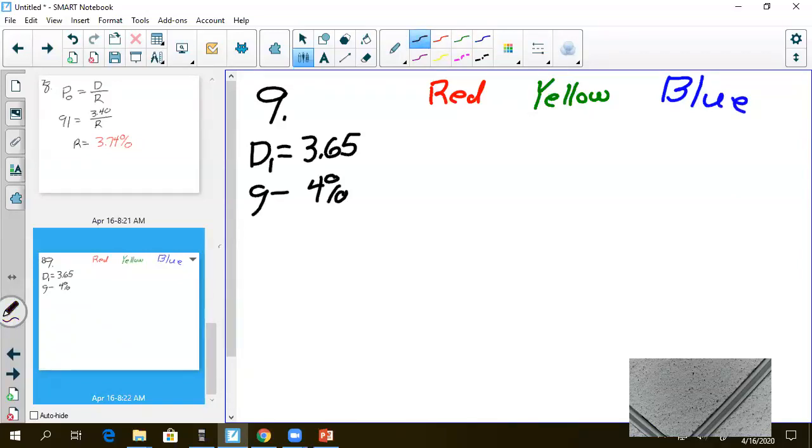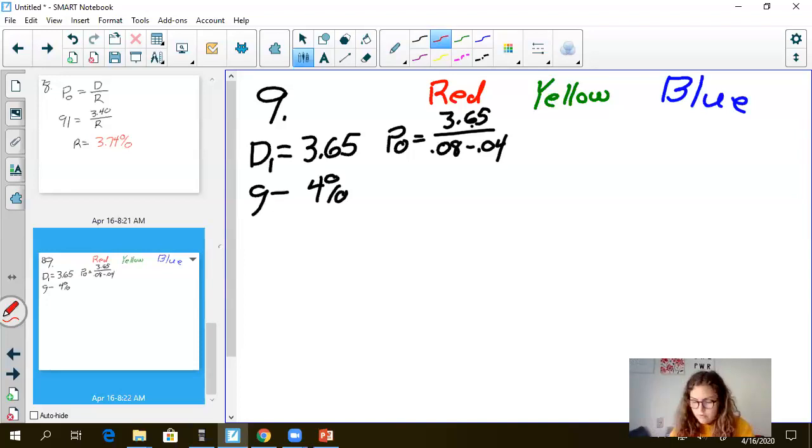So the price for red: we got $3.65, and the required return on red is 8% with a 4% growth rate. So what's the price of the red stock here? 91.25. Okay.